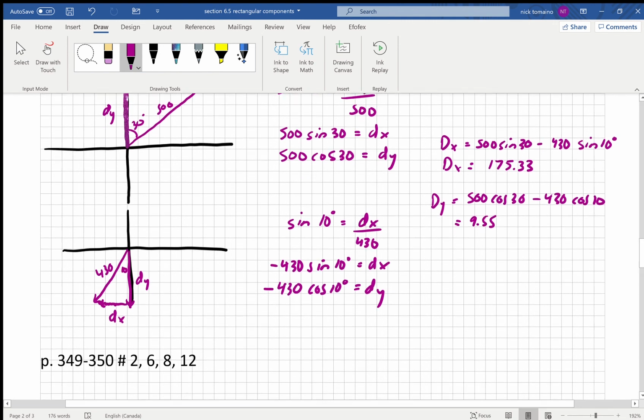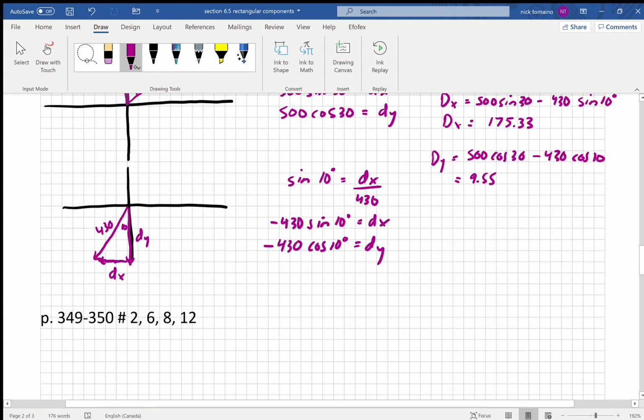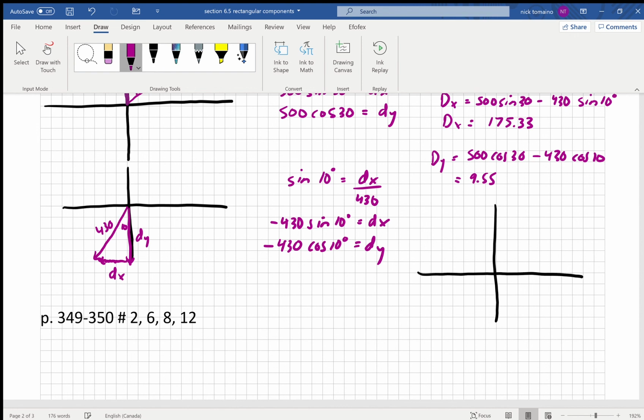All right. So now to get the resultant, all we're doing is sort of essentially Pythagorean theorem, right? So we're going to go like this and like this, and we have our two vectors. We have our 9.55, which is here, and then we're going up 175.33, and then here is our resultant.